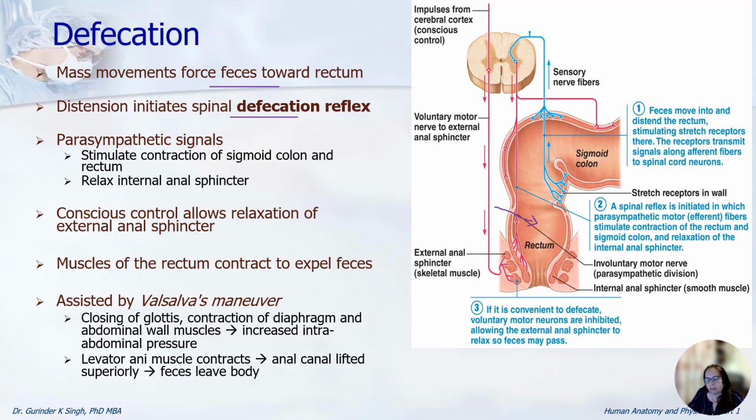So once the feces move into the rectum, it stimulates the mechanoreceptors. Those receptors send the information to the spinal cord neurons, and then from there, the spinal reflex is initiated through the parasympathetic motor fibers, which will then help to contract the rectum as well as the sigmoid colon.